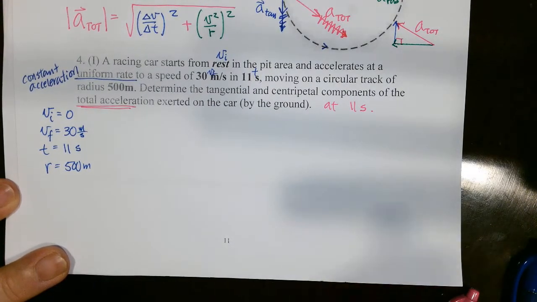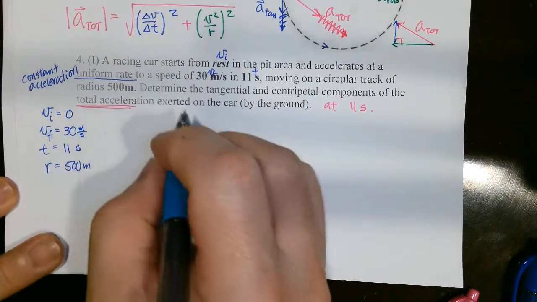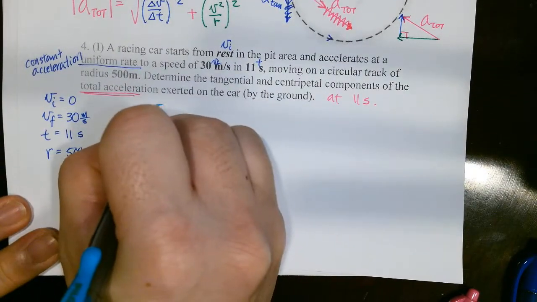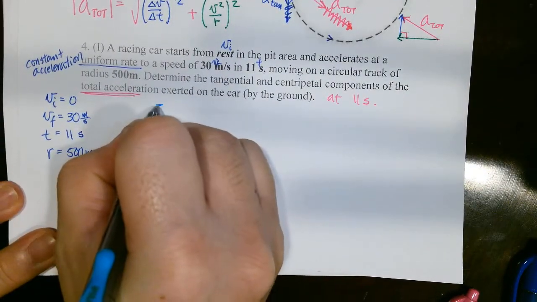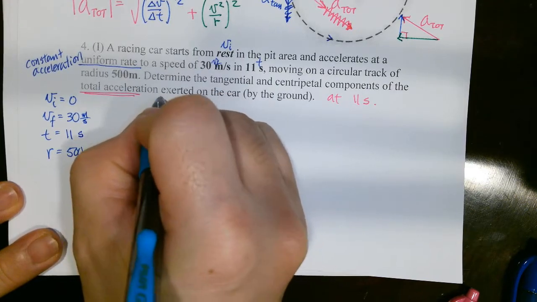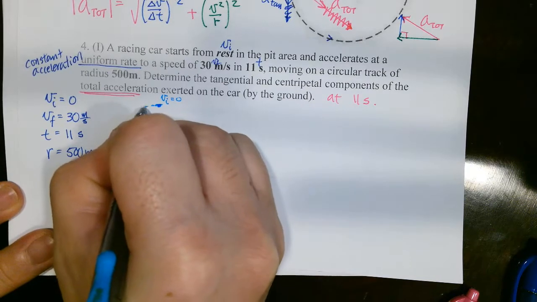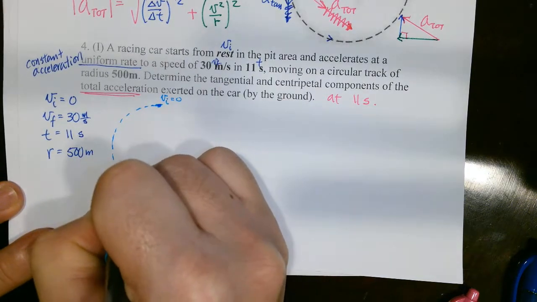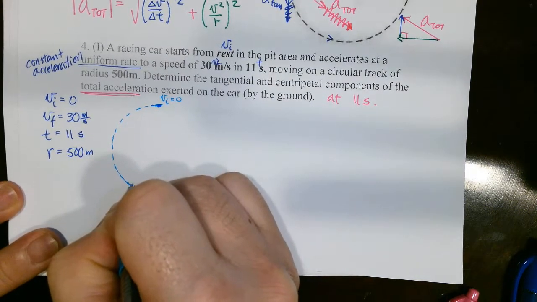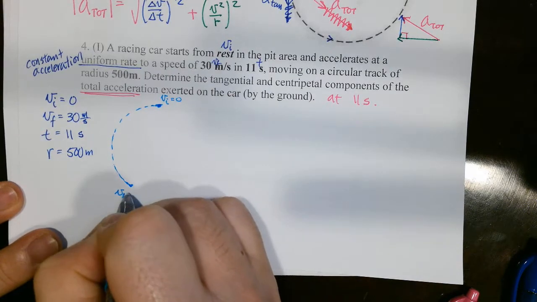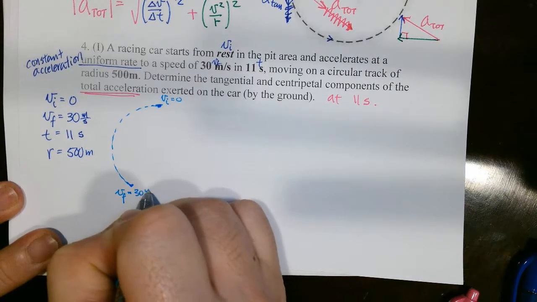So let's have a little visual here. Let's say here's the pit, and the car starts at 0 here. So VI is equal to 0, and then it goes faster and faster. Let's say right around here, VF is equal to 30 meters per second.